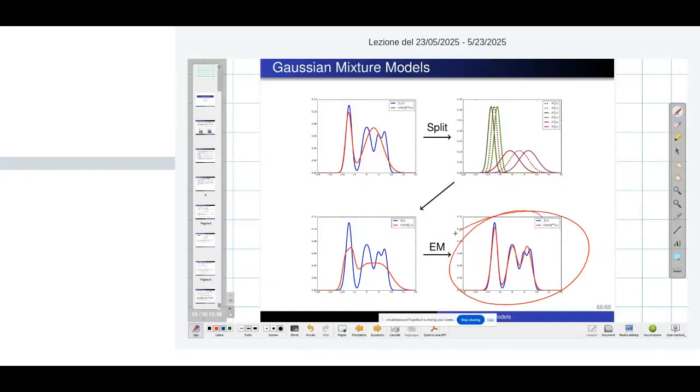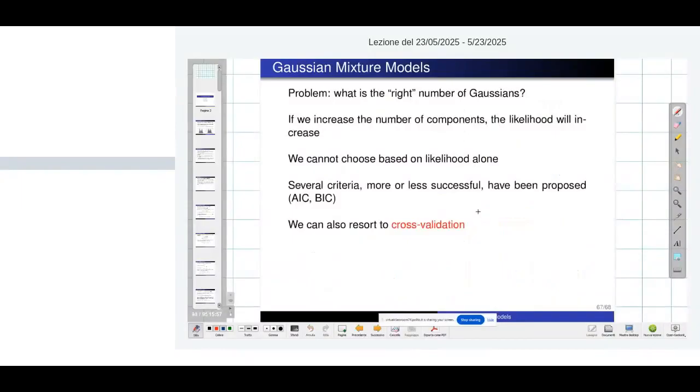So this has 4 components. Probably with a different initialization, I may have recovered the original density that was used. So it's a local maximum of the likelihood. We have never guaranteed that we will find the best possible solution. But in any case, we can see that we obtained a reasonably good approximation of our density.